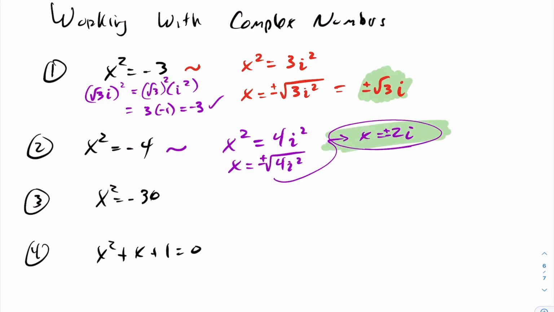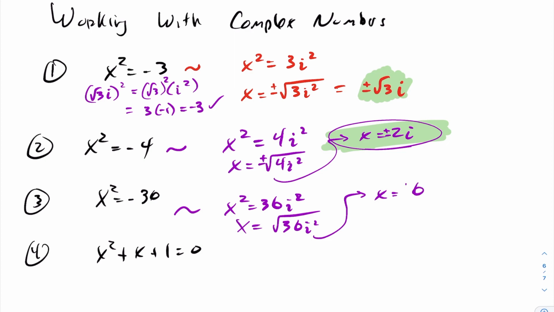And these are the two complex roots of this equation. Doing the same thing for x squared equals -36, this is going to be x squared equals 36i squared. And therefore x is the square root of 36i squared, which means x is plus or minus 6i this time. And these are all complex roots to these equations.